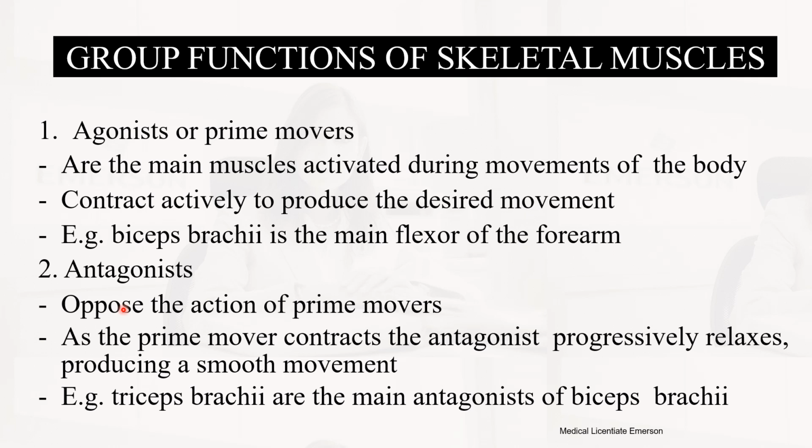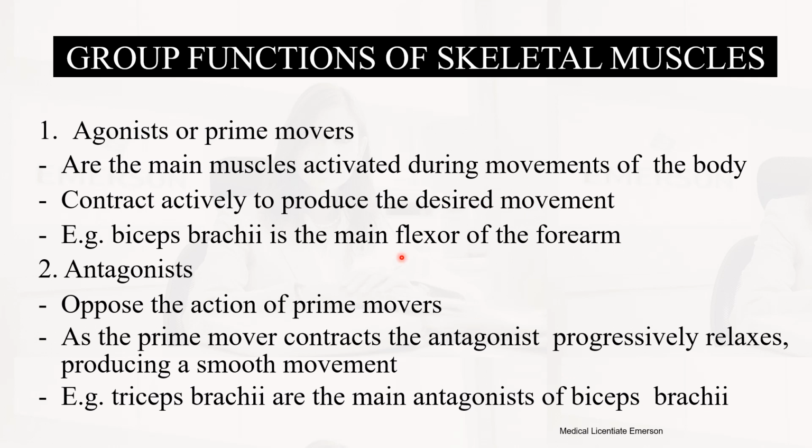They oppose the action of the prime movers, the muscles that move the body. As the prime movers contract, the antagonists progressively relax, producing a smooth movement. For example, the triceps brachii are the main antagonists of the biceps brachii.